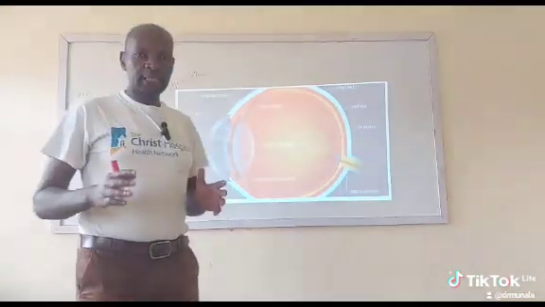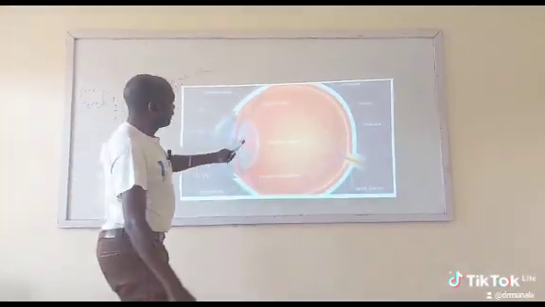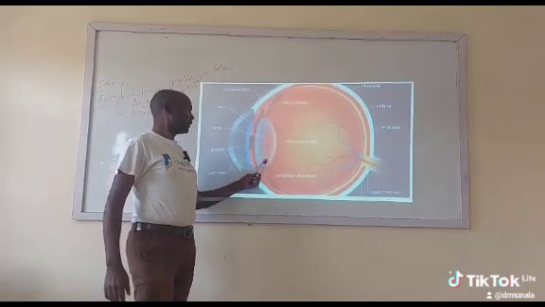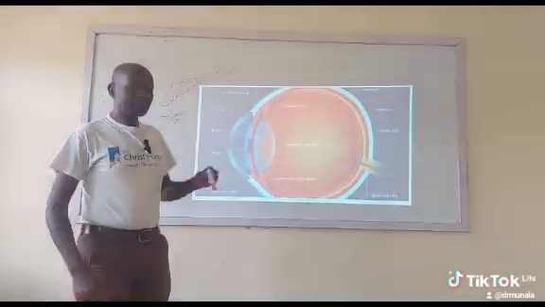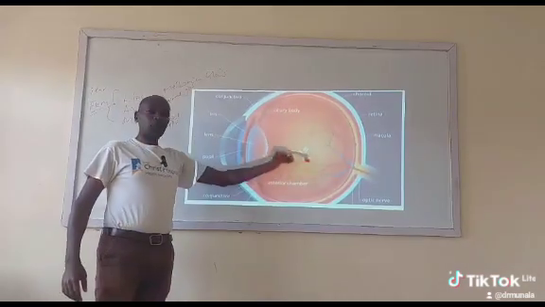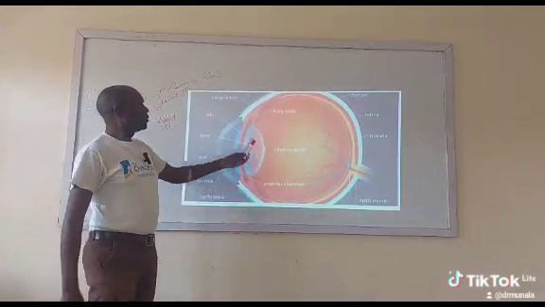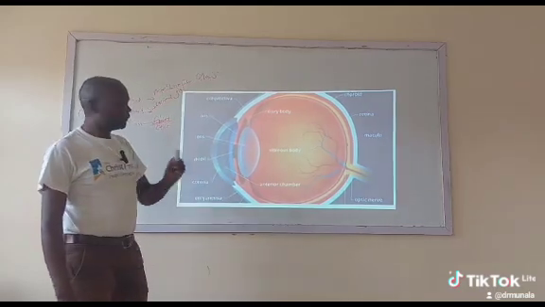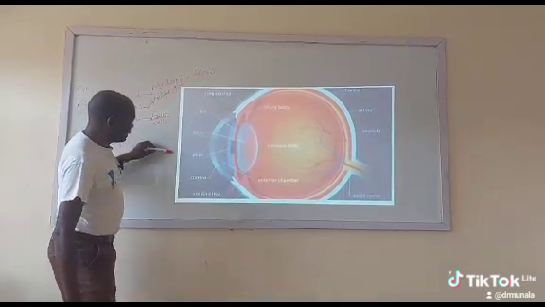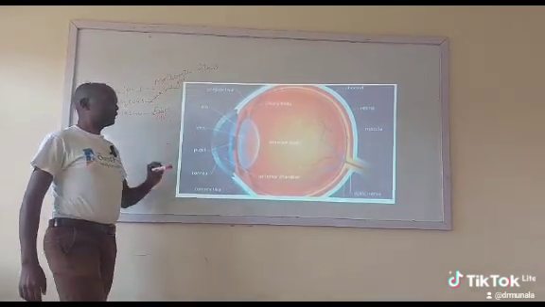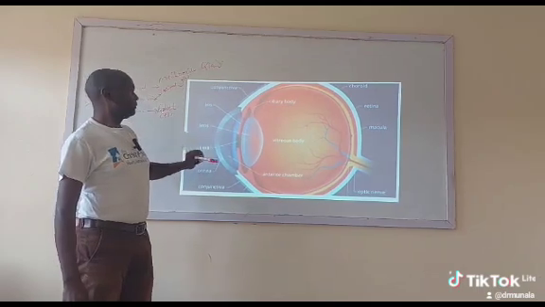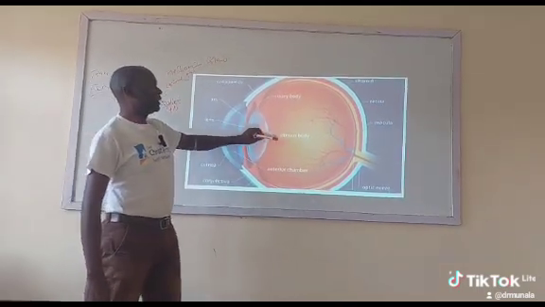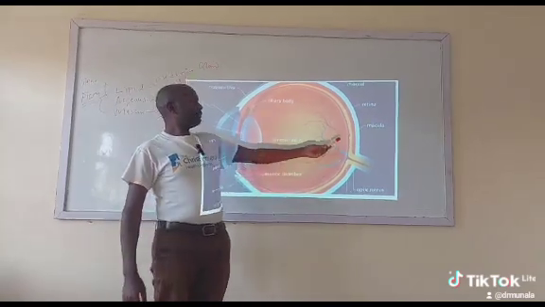Any opacification of these structures that we have mentioned will cause poor vision depending on the degree, or they can even cause cataracts. For example, if we have opacification in this lens here, then light will not be able to go through, and therefore you will not be able to see, because for you to see, light must get through the cornea, through the anterior chamber, the posterior chamber, the lens, the vitreous body, up to the macula.